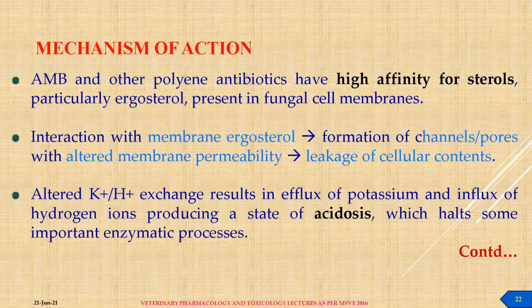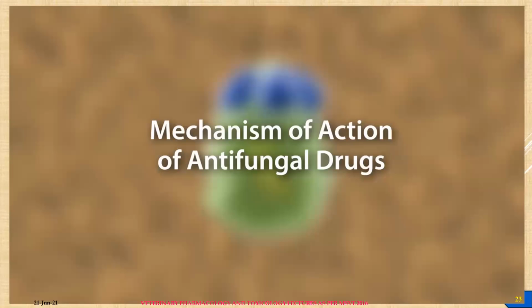The interaction with membrane ergosterol forms channels or pores with altered membrane permeability, leading to leakage of cellular contents, and the fungus dies. Altered potassium-hydrogen exchange results in efflux of potassium and influx of hydrogen ions, producing a state of acidosis, which halts some important enzymatic processes.